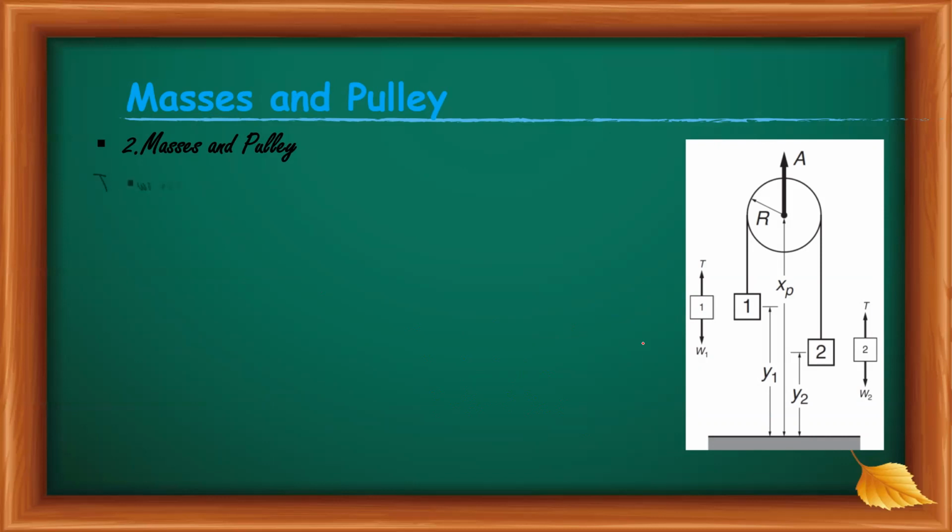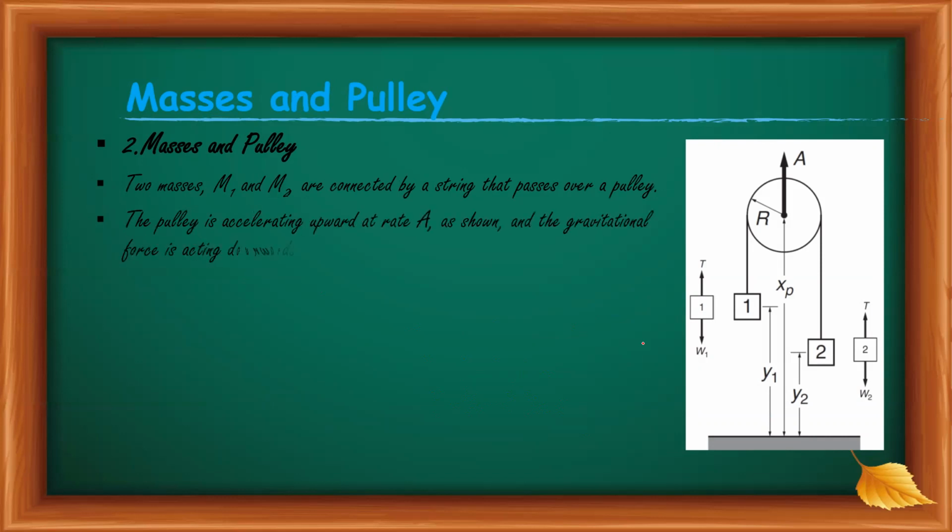So here we consider two masses m1 and m2 connected by a string that passes over a pulley, and the pulley is accelerating upward at an acceleration capital A as shown, and the gravitational force is acting downwards.